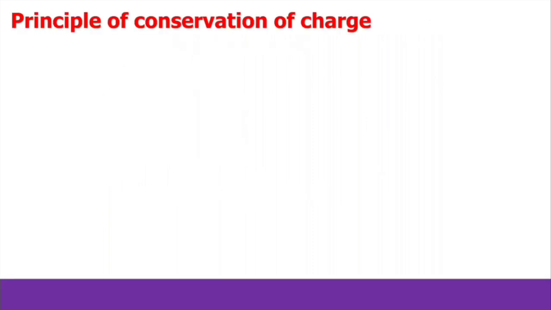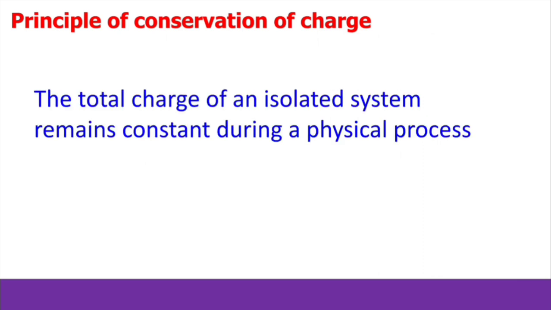Now in terms of a formula, this is referred to as the principle of conservation of charge. The total charge of an isolated system remains constant during a physical process.